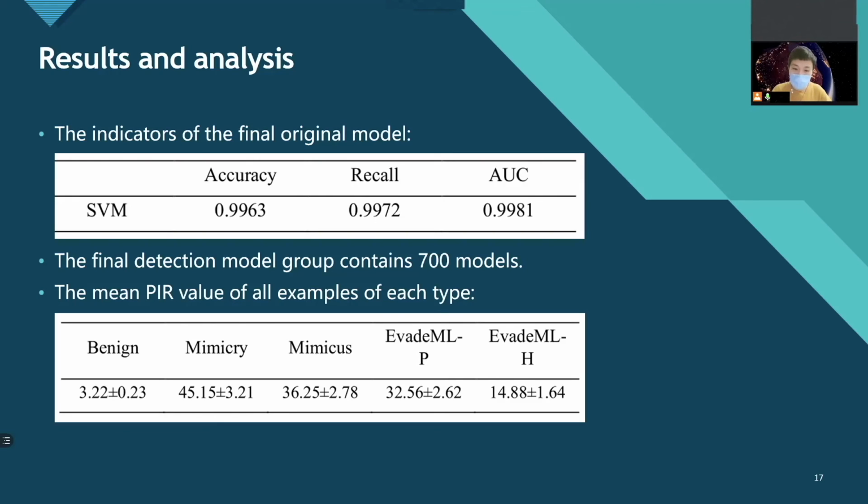Based on its performance, the final generated model group contains 700 models. Table 2 records the mean PIR values of all examples of each type. It can be seen from the table that the PIR of a benign example is significantly less than the PIR of any adversarial example.